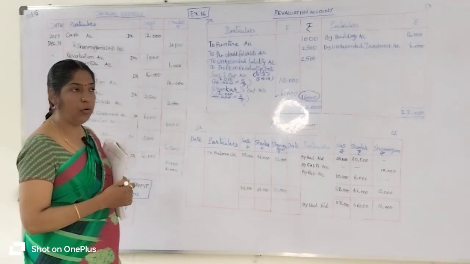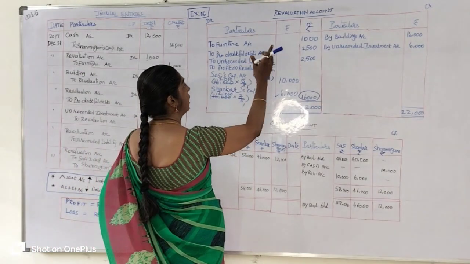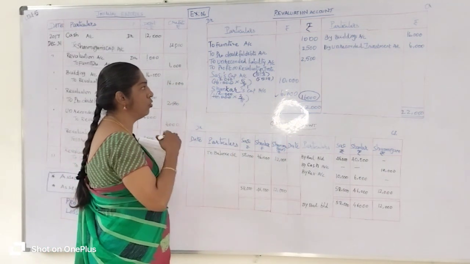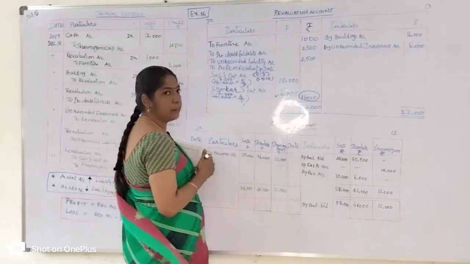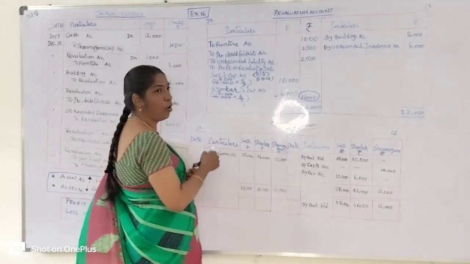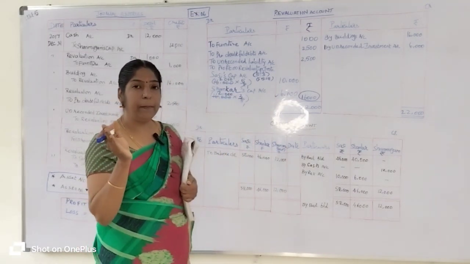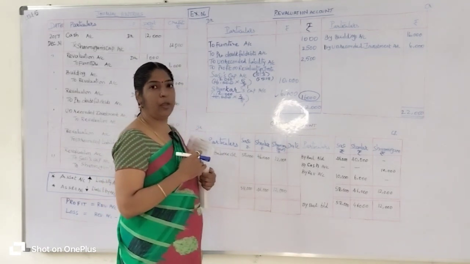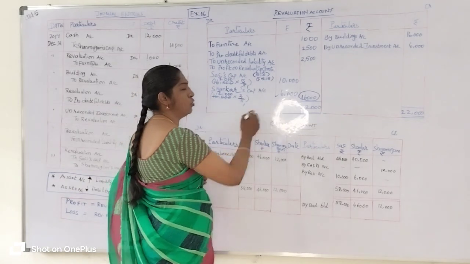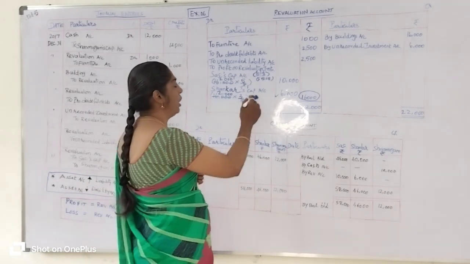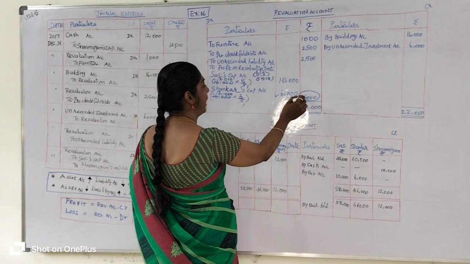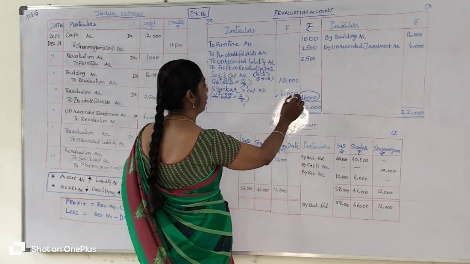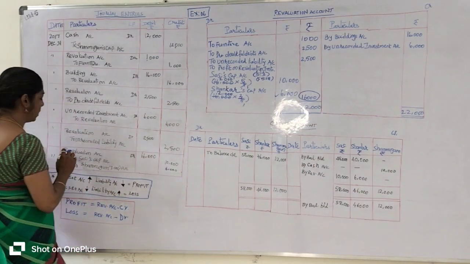Okay, now what are we going to do? Now we are going to pass the journal entry for this revaluation account, right? So for that, first, where does the revaluation account balance occur? After revaluation, the old partners get a profit of 16,000 rupees. If the balancing figure is on the debit side of the revaluation account, you are going to pass the journal entry.